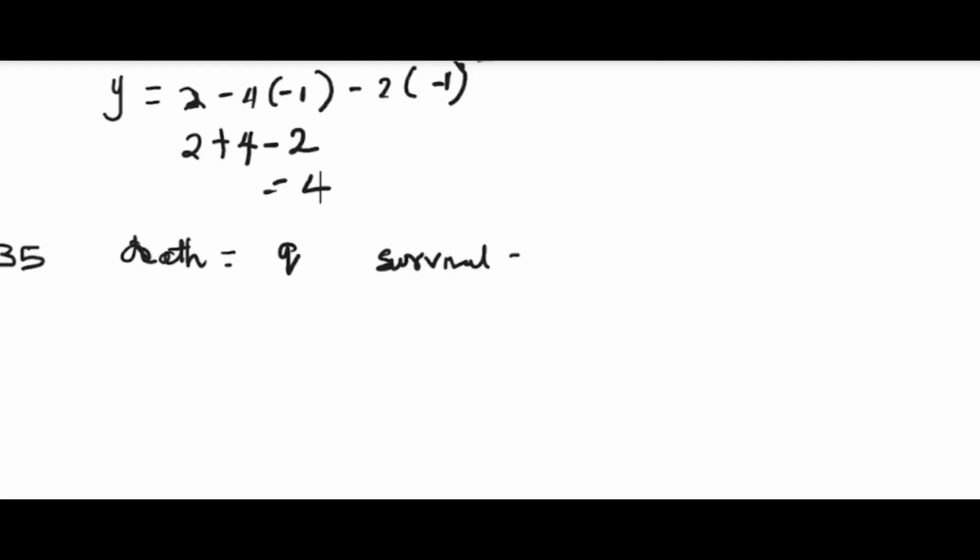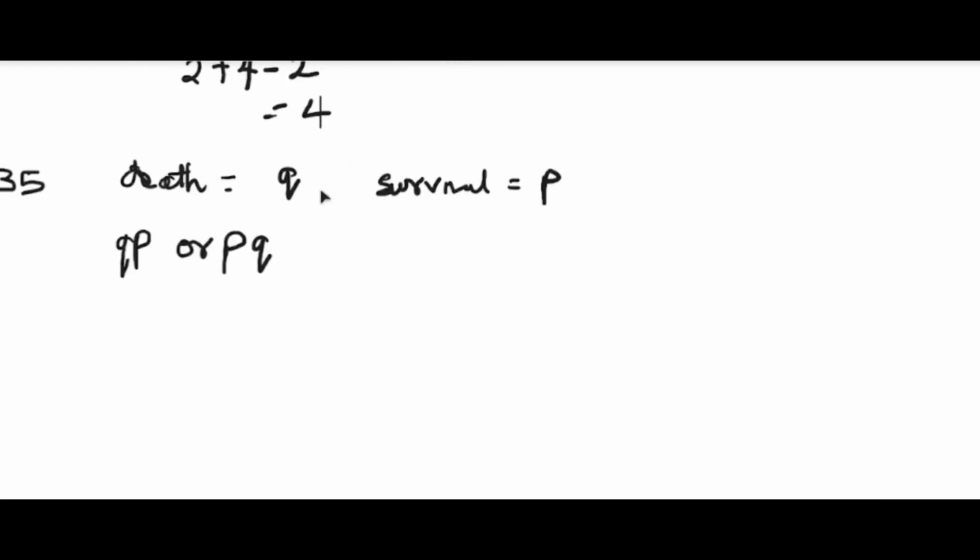Now, if 2 persons are involved, that means picking the first person, if the first person is dead, it means the second person survived. Or if the first person survived, it means the second person is what? Is dead. So remember we've said earlier that OR is what?